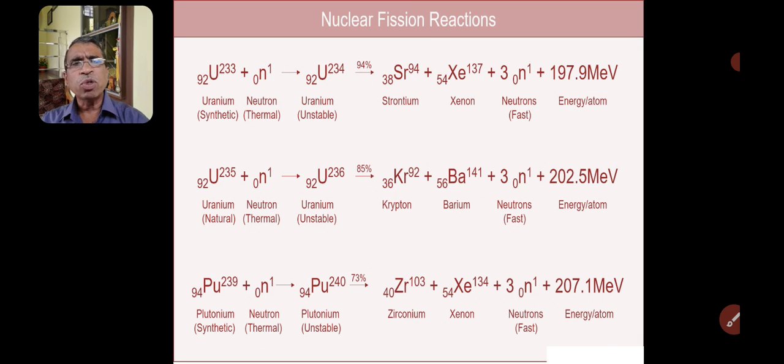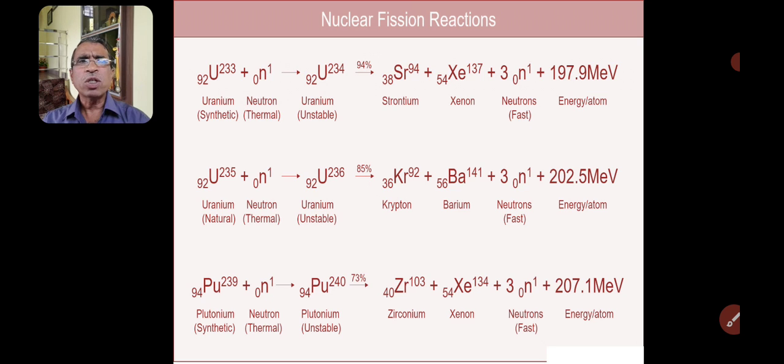When this plutonium-239 is further bombarded by a thermal neutron, we get plutonium-240. 73% of it turns into zirconium-103 and xenon-135. During this reaction also, 3 neutrons are produced and the energy evolved is 207.1 million electron volts per atom. So, these are the 3 important nuclear fission reactions.